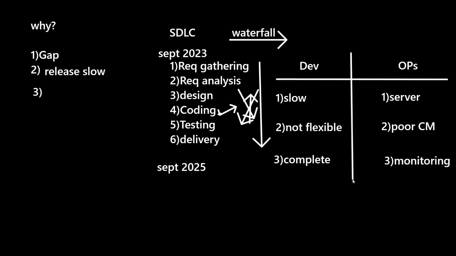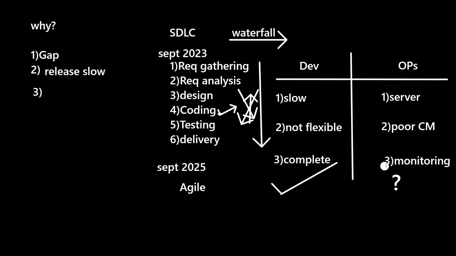How can we overcome these challenges? See, actually, to overcome these challenges, Agile methodology came in. Yes, Agile came into the picture, but that was successful in overcoming the challenges of the dev team only. Challenges of the ops team were still there. With Agile, challenges of the ops team were still there, right?